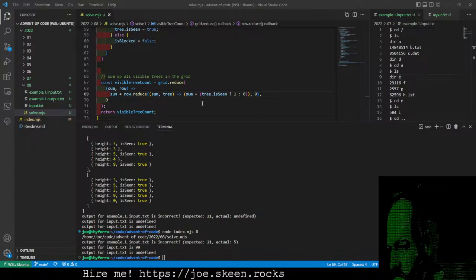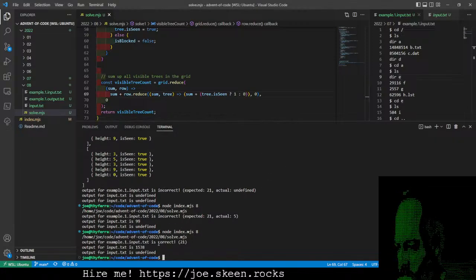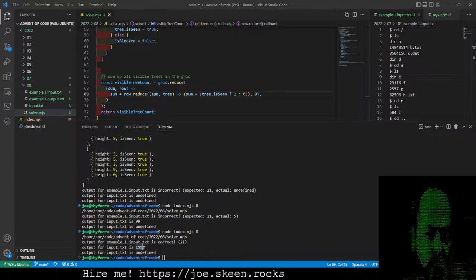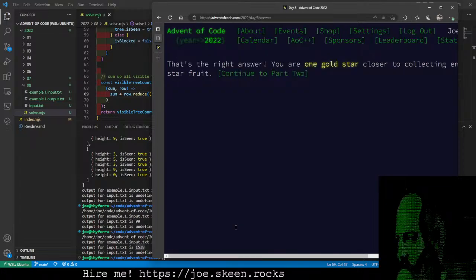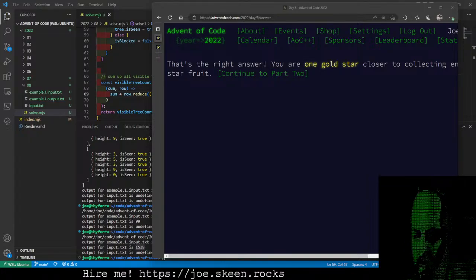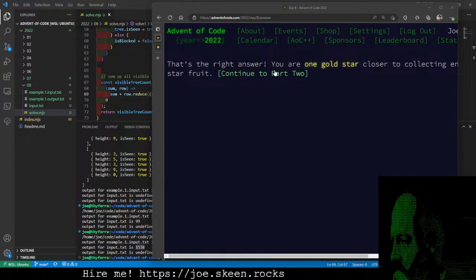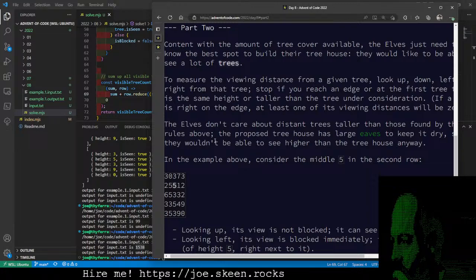I have to make sure that the adding is done only after determining whether the tree is a 1 or a 0. Yay!